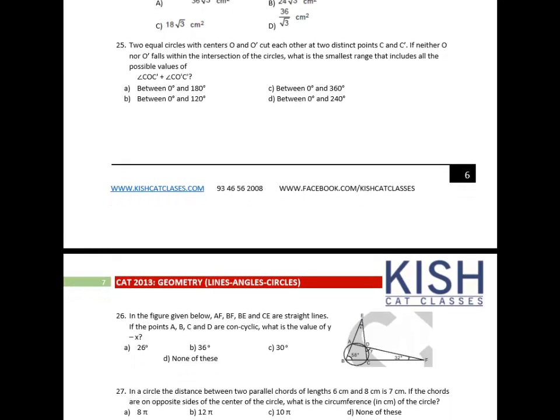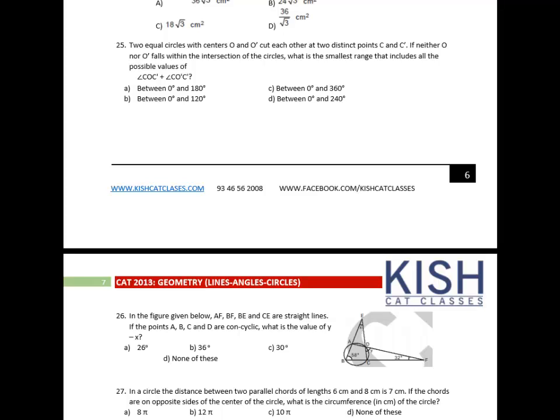Two equal circles with centers O and O dash cut each other at the two distinct points C and C dash. If neither O nor O dash falls within the intersection of the circles, what is the smallest range that includes all the possible values? Two circles cut each other at two distinct places at C and C dash. If neither O nor O dash falls within the intersection, so it is clearly defined.